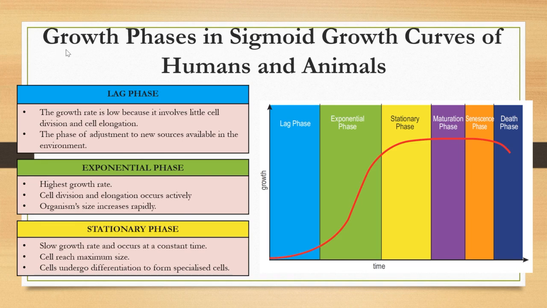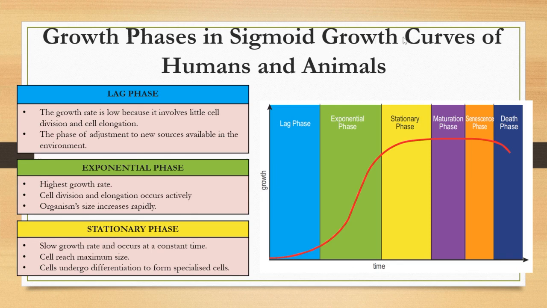Next we go to the growth phases in the sigmoid growth curve of humans and animals. Now we are going to discuss growth in humans and animals. The growth phases in humans and animals are called the sigmoid growth curve.